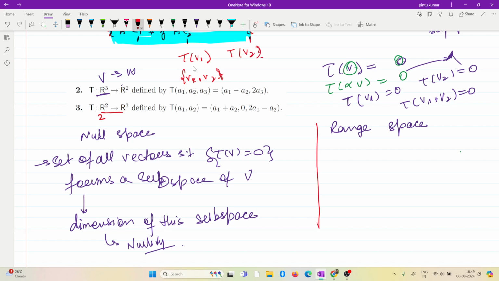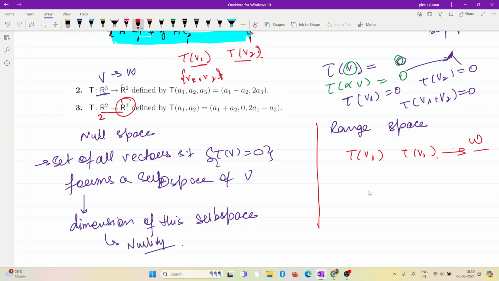So you can only map to 2 dimensions. Because my space is R3, I can find a vector independent of these two vectors. Let's call that W.